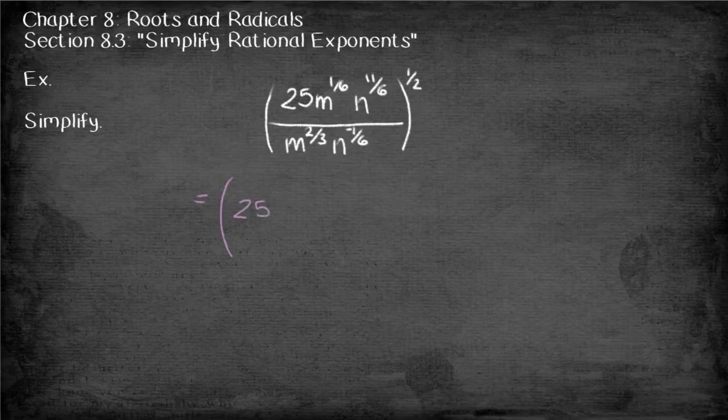I'll have 25, and then I'll have m to the 1/6 minus 2/3. Then I'll have n to the 11/6 minus -1/6. Yeah, I know. And all that's raised to the 1/2 power.